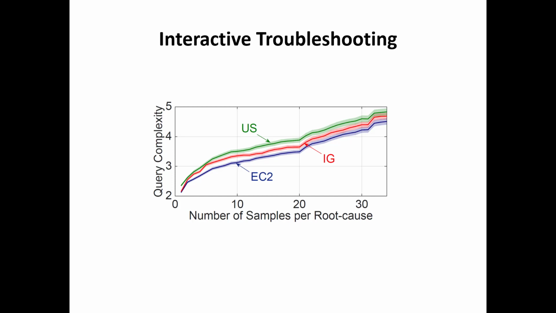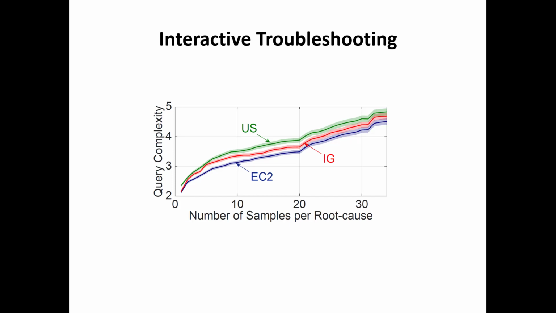So in this figure, you see the query complexity, which corresponds to the number of tests or questions as a function of the number of samples per root cause. The x-axis shows the number of samples or hypotheses per root cause or decision region, and the y-axis shows the number of questions or tests until we obtain only one single consistent decision region.